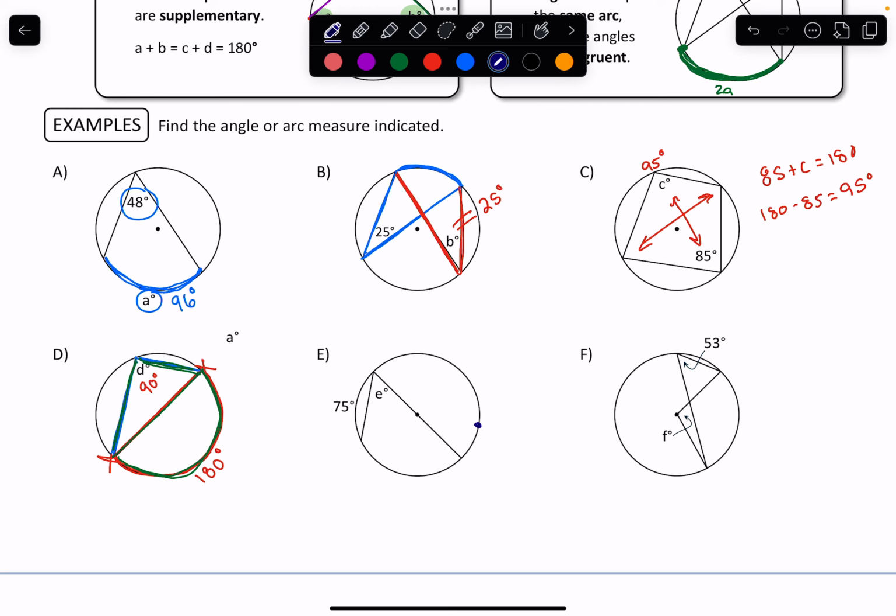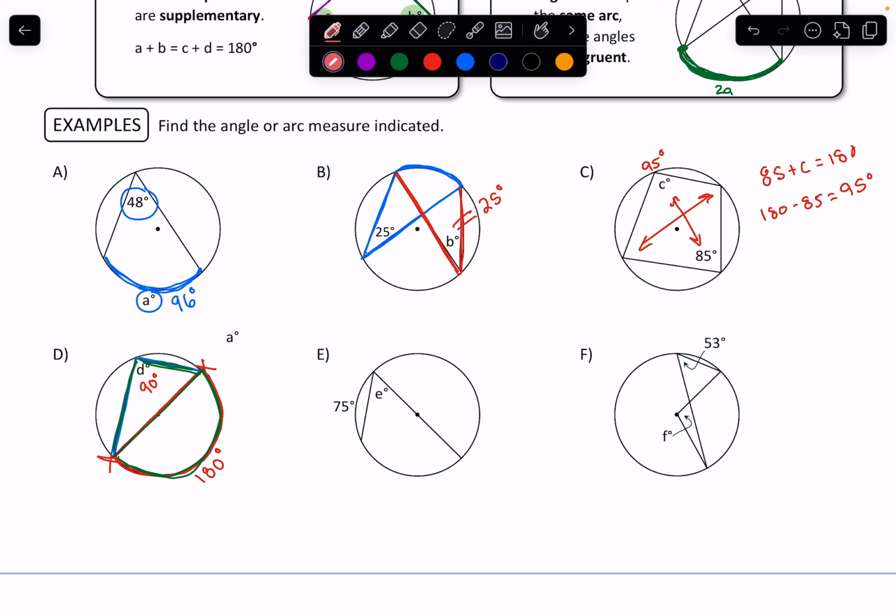If I connect that to this diameter, then what I've just made is 90 degrees. If I put my point over here and connect it to my diameter, I just made another 90 degree angle. So any inscribed angle that's connected to a diameter gives you 90 degrees.